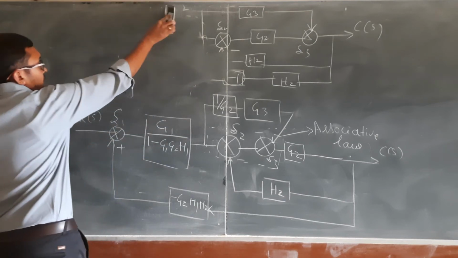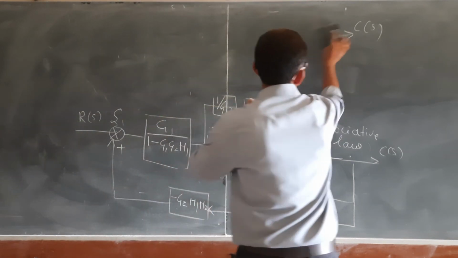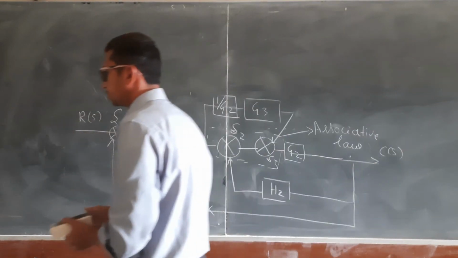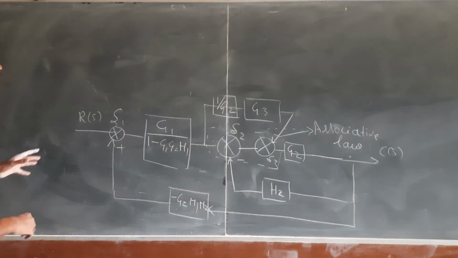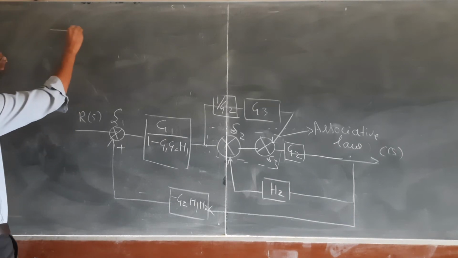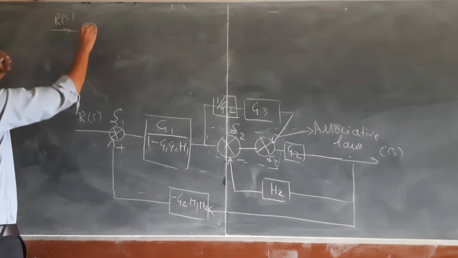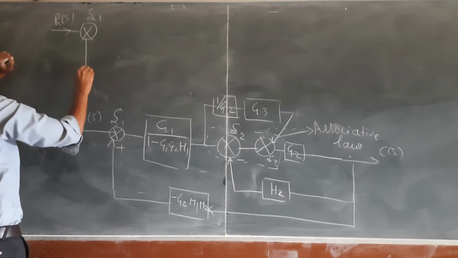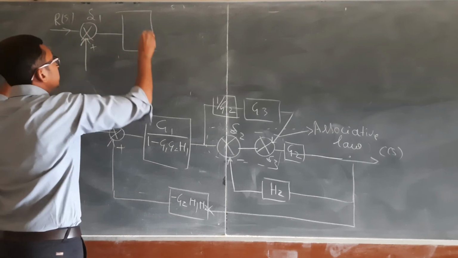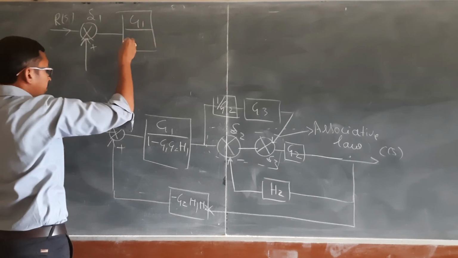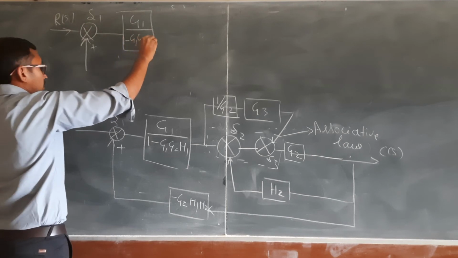Okay, so I'm going to redraw this one. This will be R of S. There is summing point 1 with the symbol plus, and here it will be G1 divided by 1 minus G1 G2 H1.